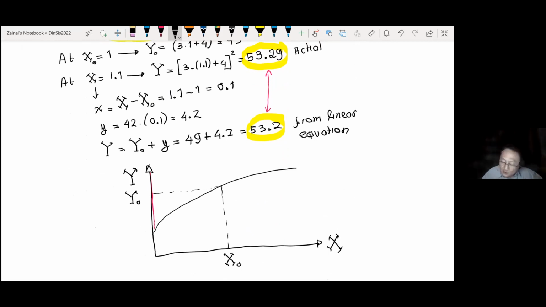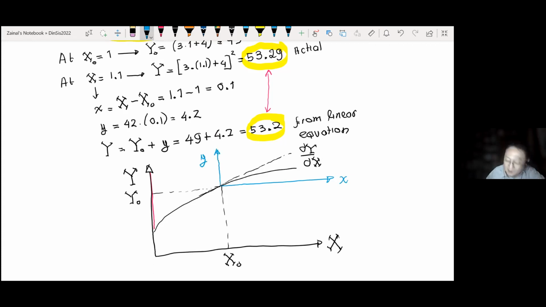As you move this one, the derivative is the slope of this one, so this is dy over dx. And we make another coordinate from here to there: this one is small x, and this one is small y.